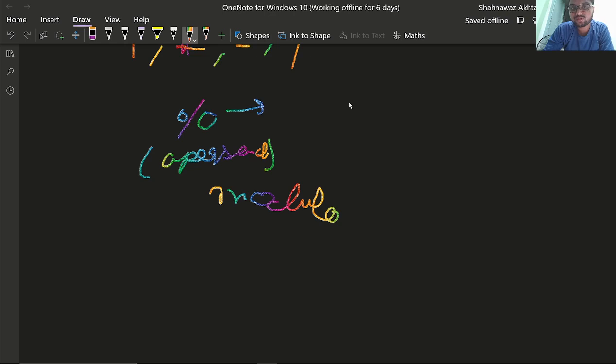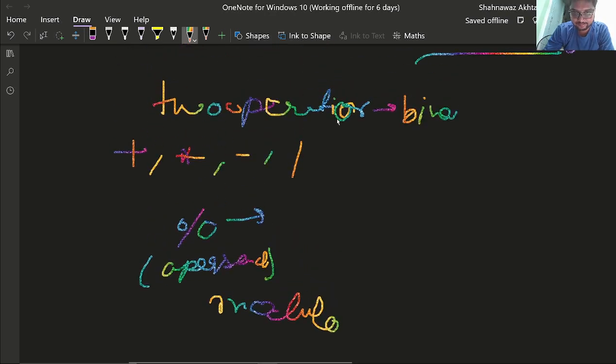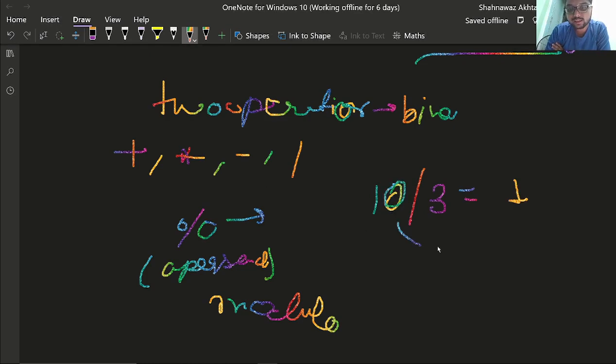So, what is the modulus operator? What does a modulo operator do? Just like when we divide 10 by 3, it returns the quotient 1. In this case, the modulo operator returns the remainder value.